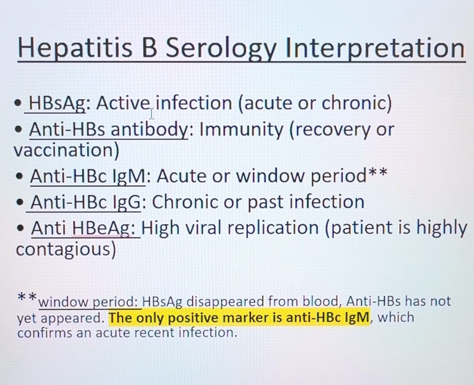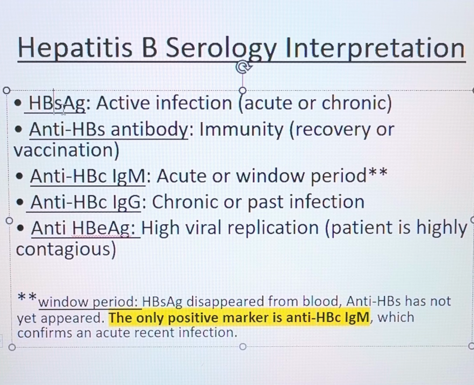Let's talk about the serology markers for hepatitis B and make it simple. There are different markers. The first one I'm going to talk about is hepatitis B surface antigen. If this marker is present, this means that there is a virus present, so there is an active infection going on.